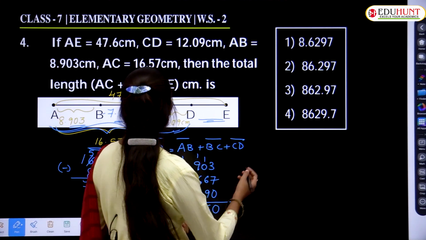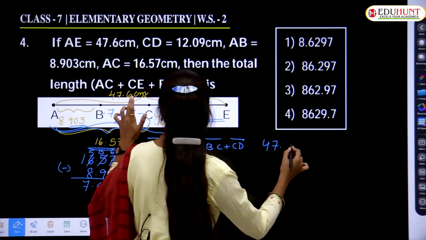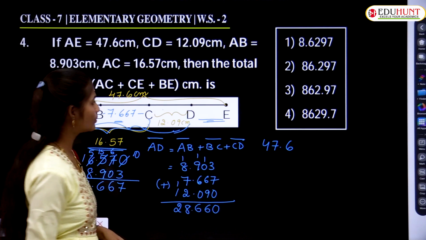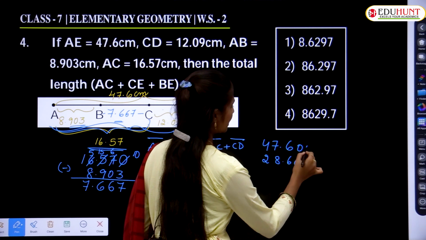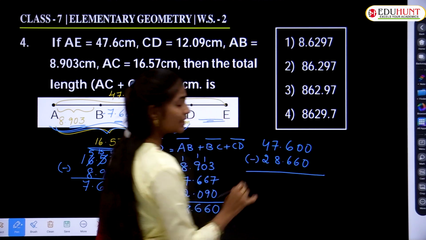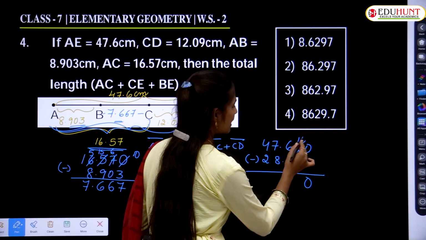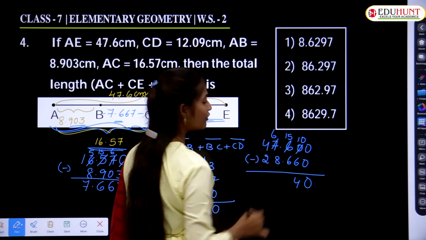Okay. So what is that total measurement here? 47.6. And here this is 28.660. So here keep 2 more zeros. We need to take the difference. So here 0. And here 10 minus 6 is 4, and this is a 5, which has 15.